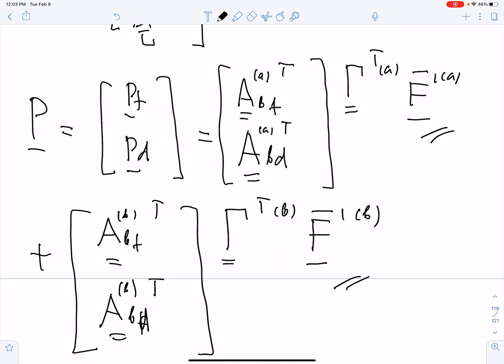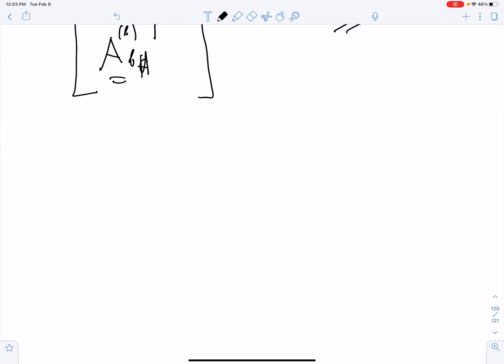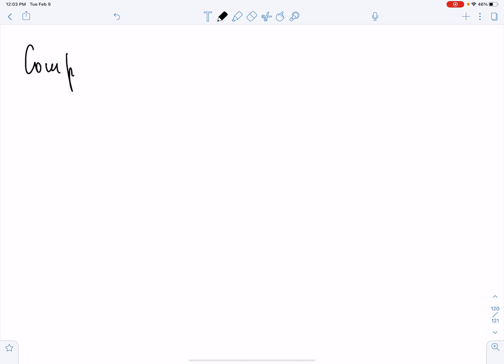So let me leave it at this for a second. Let's approach it from the other side. Compatibility. Okay. It's a very important concept. And what it says is this.